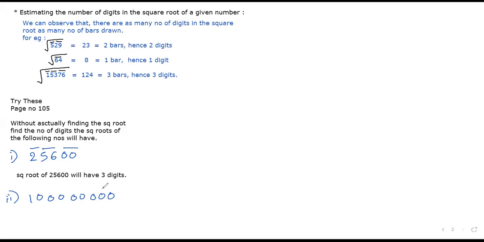So how many groups? 9 digits are there, so 5 groups.